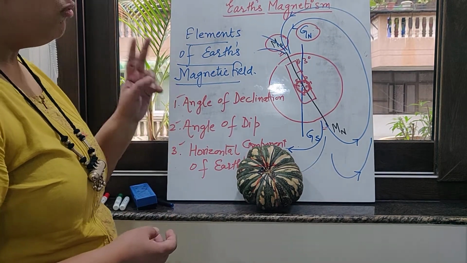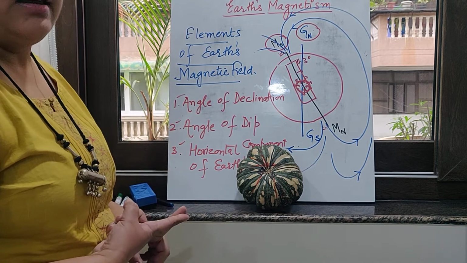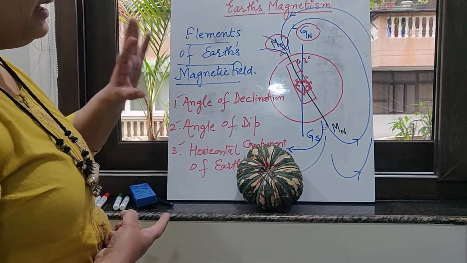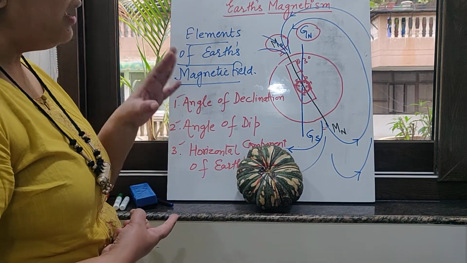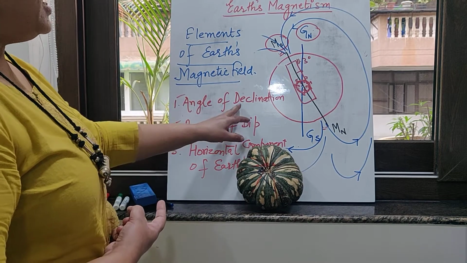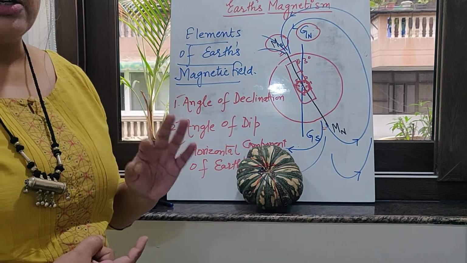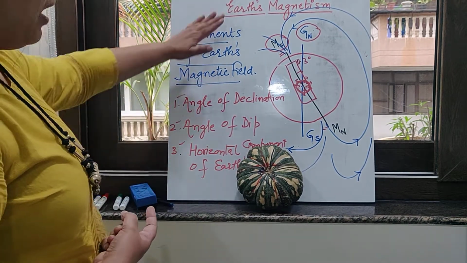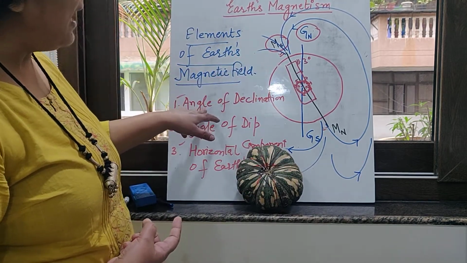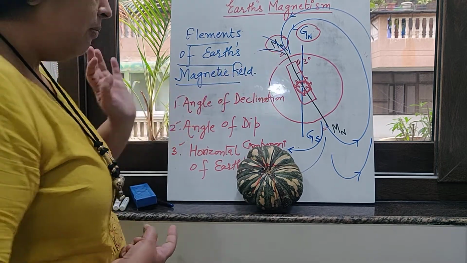So we have two things, the geographic meridian and the magnetic meridian of the earth, and at any point the angle between the geographic meridian and the magnetic meridian is known as the angle of declination. Okay, so now I am just removing all this, and I will try to picturize the angle of declination on the board.